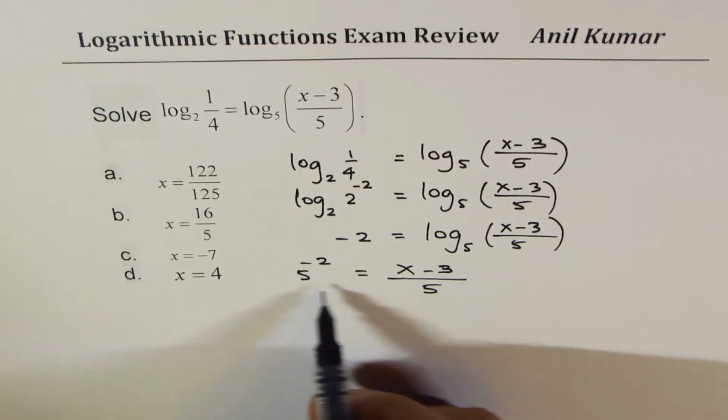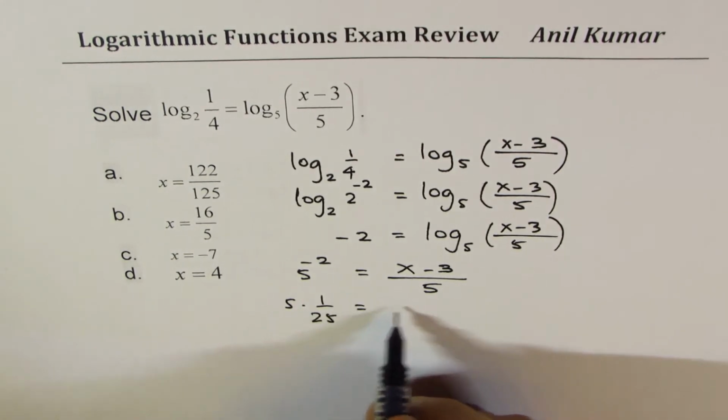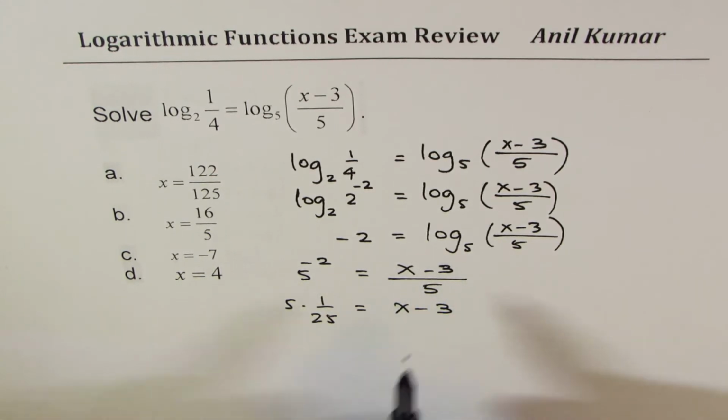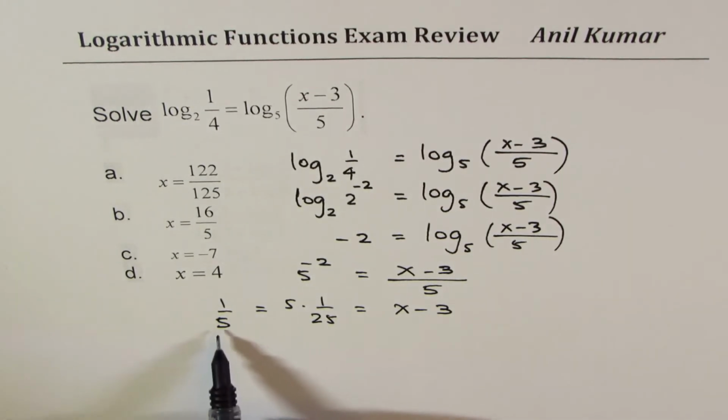Okay, but we could cross multiply. So we have 5 times 1 over 25 equals x minus 3. It was better to bring it here. So that is 1 over 5, correct? So 1 over 5 is this.